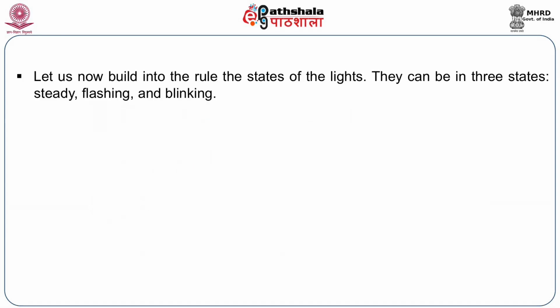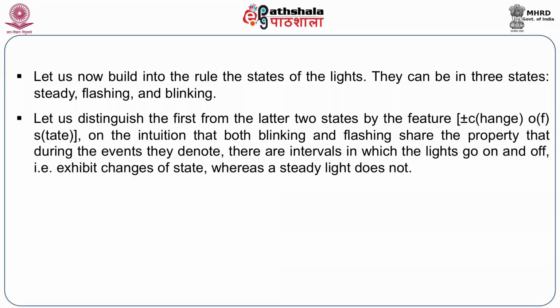Now let's build in the meanings of the states of the lights. If you recall, they can be in three states: steady, flashing, and blinking. Let's distinguish steady from flashing and blinking by the feature plus/minus change of state. This is to capture the intuition that blinking and flashing both share the property that during the event they denote there are intervals when the lights go on and off.